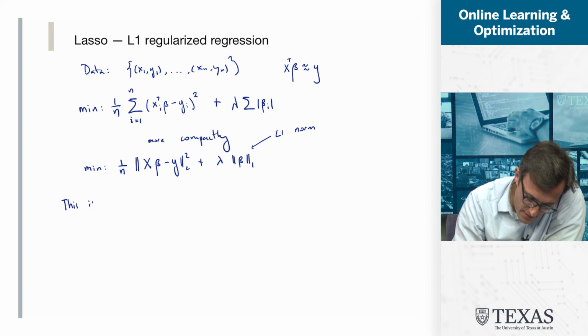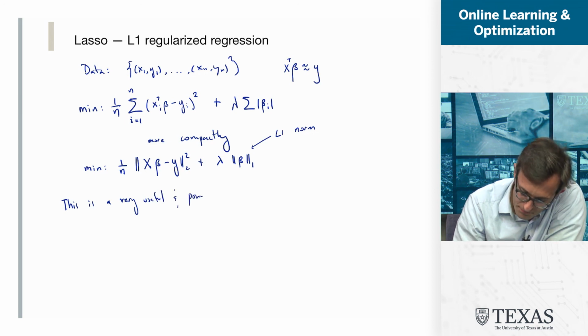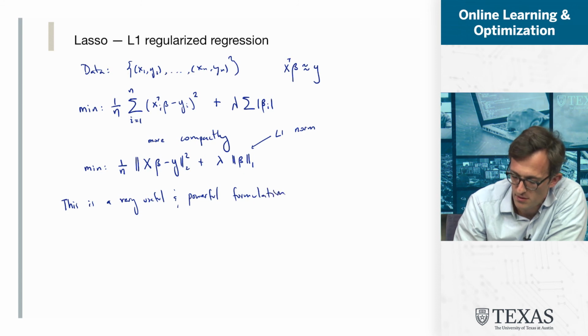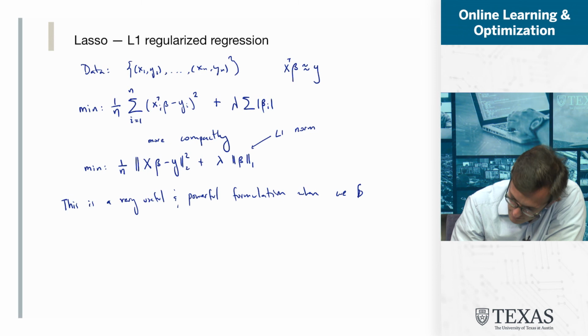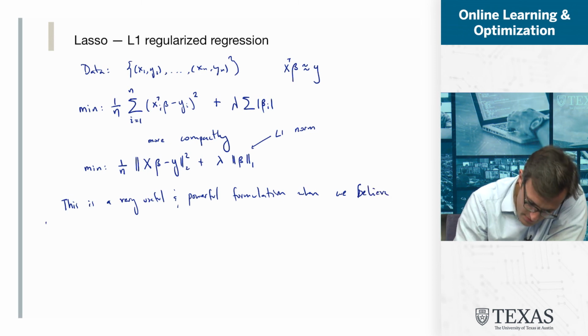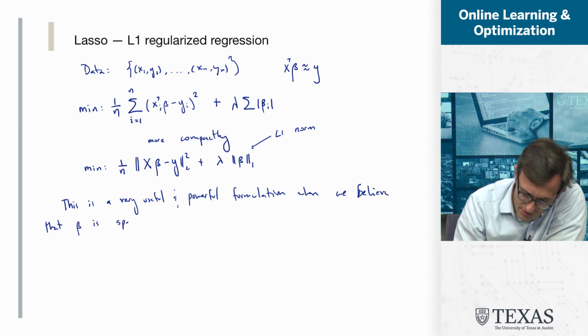This is a very useful and powerful formulation when we believe that beta is sparse or nearly sparse. So what does that mean?